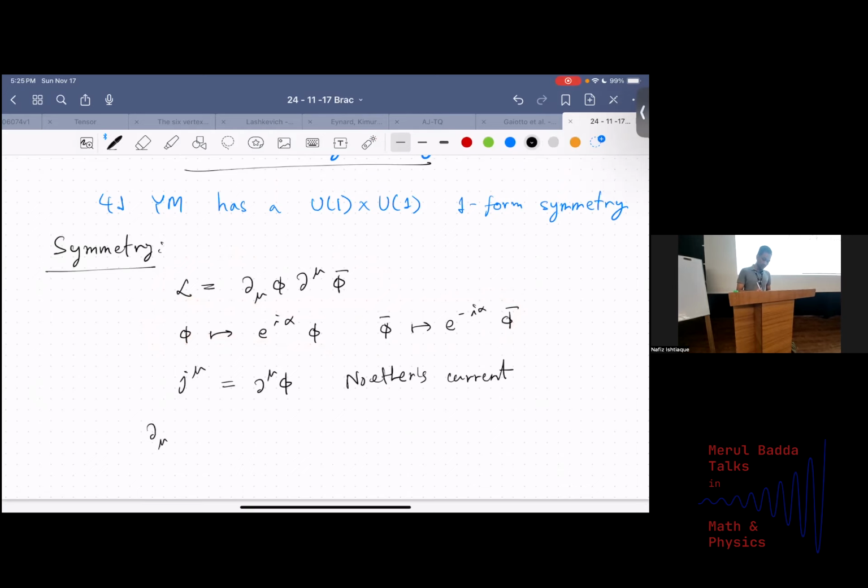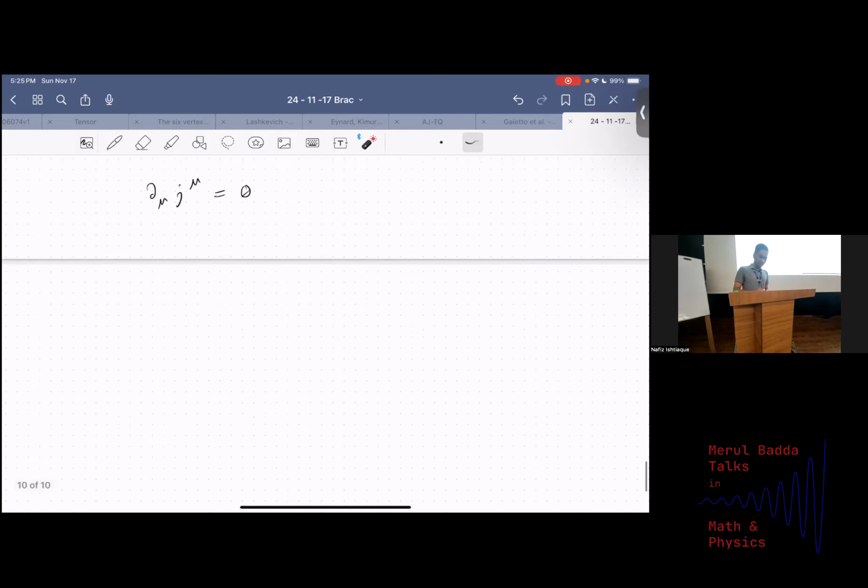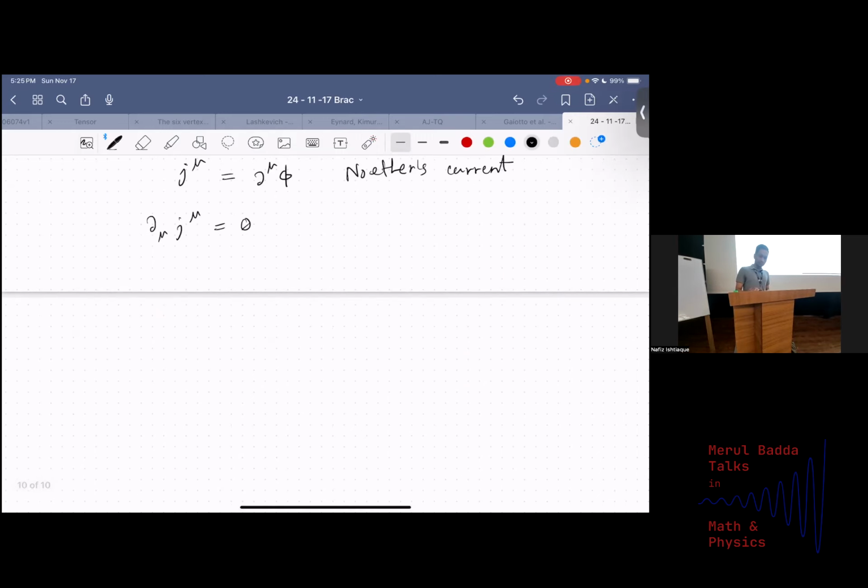This simply means its divergence is 0, and this of course follows from the equations of motion of this theory. Any questions so far? Anything unfamiliar? If any notation is unfamiliar, please ask, because I will keep using it. Different people use different notation.